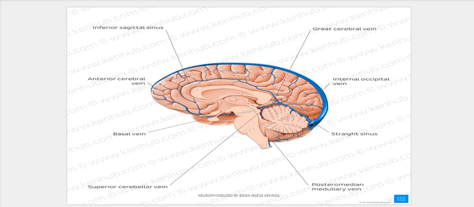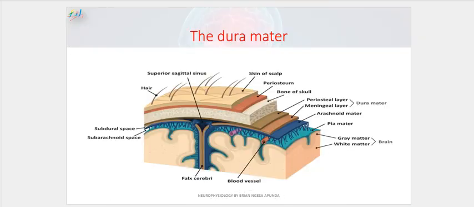So maybe back to our image, we said that we have the dura. The same thing, I just want us to have more clarity. We've said that the dura is in close association to the skull. Of course, the skull normally has the outer periosteum that covers its exterior.